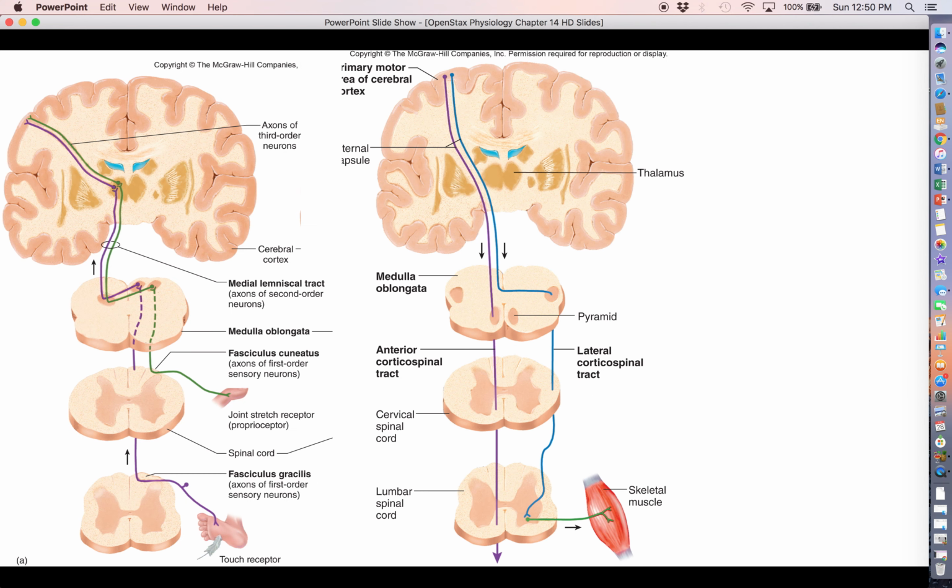So I'm showing this particular slide again. We've actually looked at this before, just as a reminder that generally speaking, any type of neural pathway that utilizes the spinal cord is going to look almost essentially like this. So this was the example of someone tickling the bottom of your foot with a feather. Well, back in chapter 13, we covered how that afferent information gets sent into the dorsal root of the spinal cord, up through ascending tracts to the medulla.